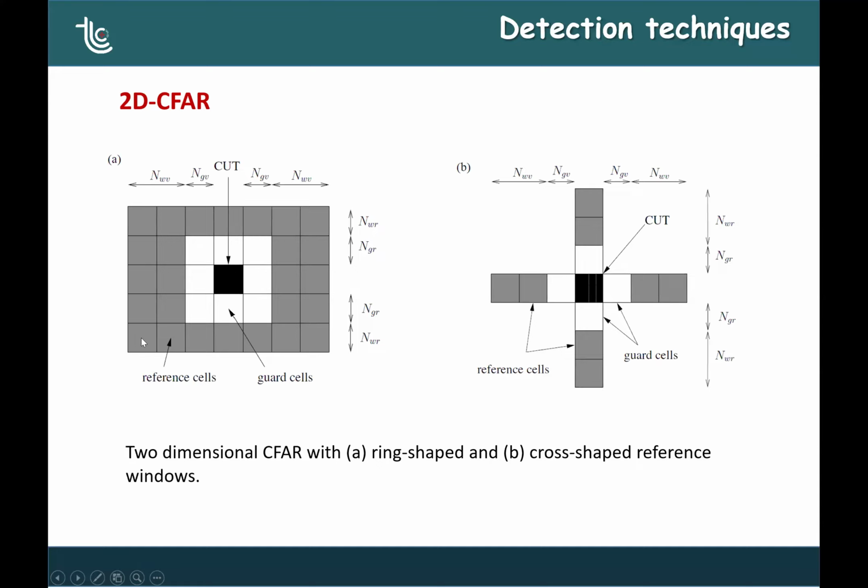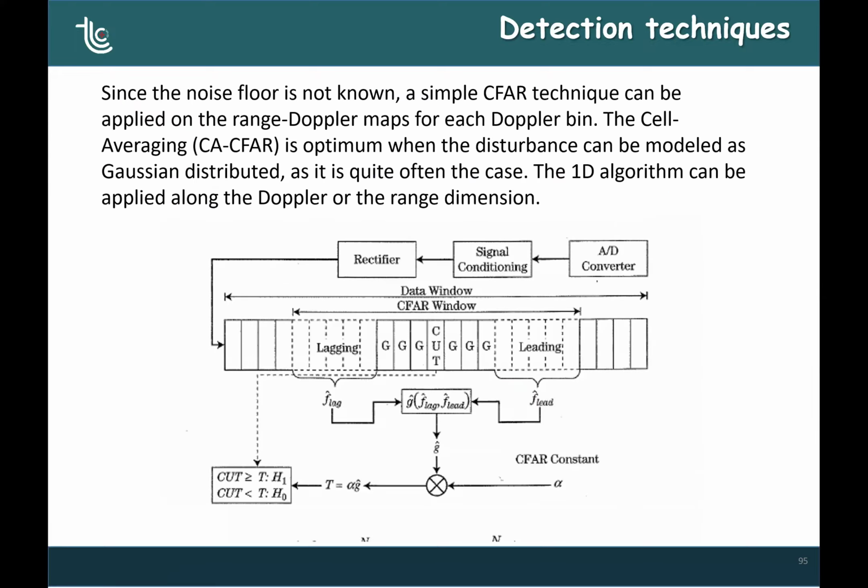So then we should apply a bank of filters working only horizontally, but for each value of Doppler frequency. So let me explain how these one-dimensional CFAR detectors can work.